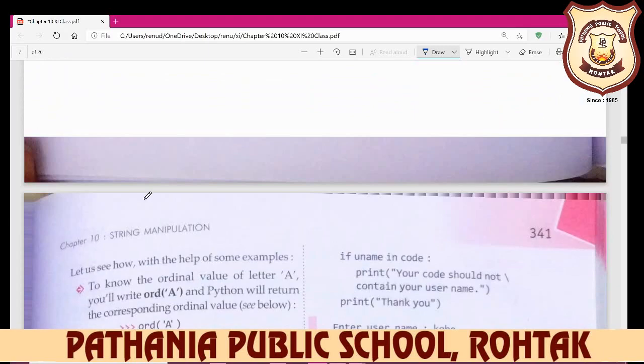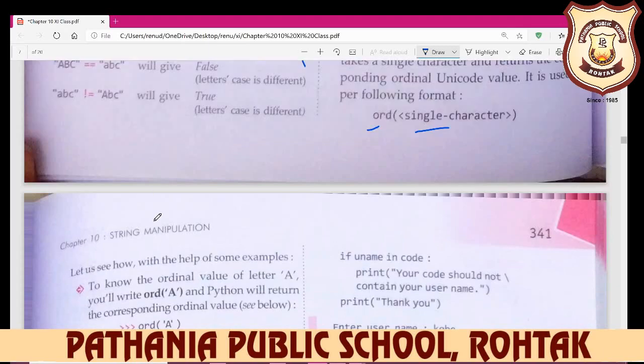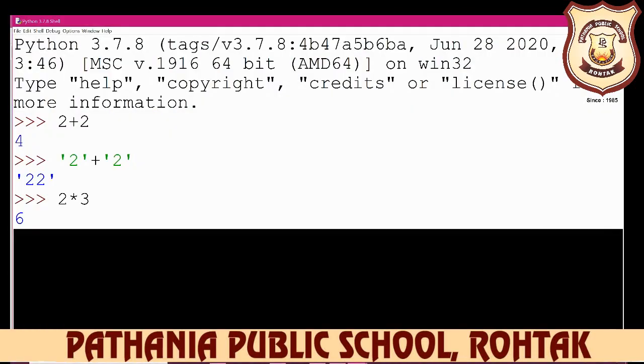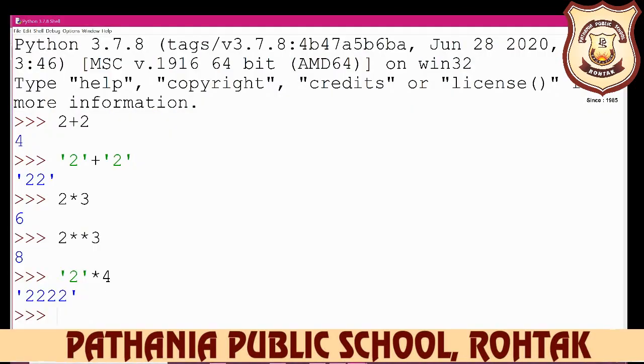When you write ORD and any character, it displays the numeric answer, or you can say the Unicode, of that particular character. For the practical, again open your interactive mode, and one more thing you can learn here.